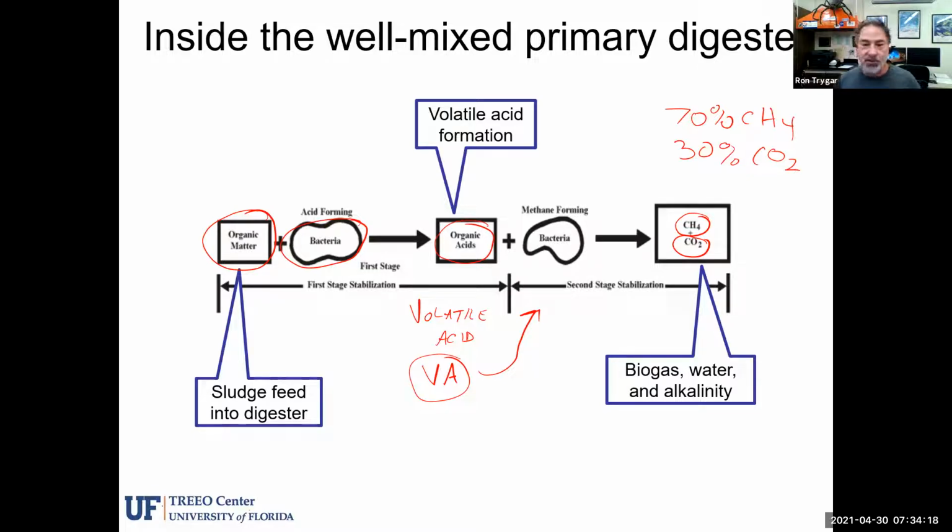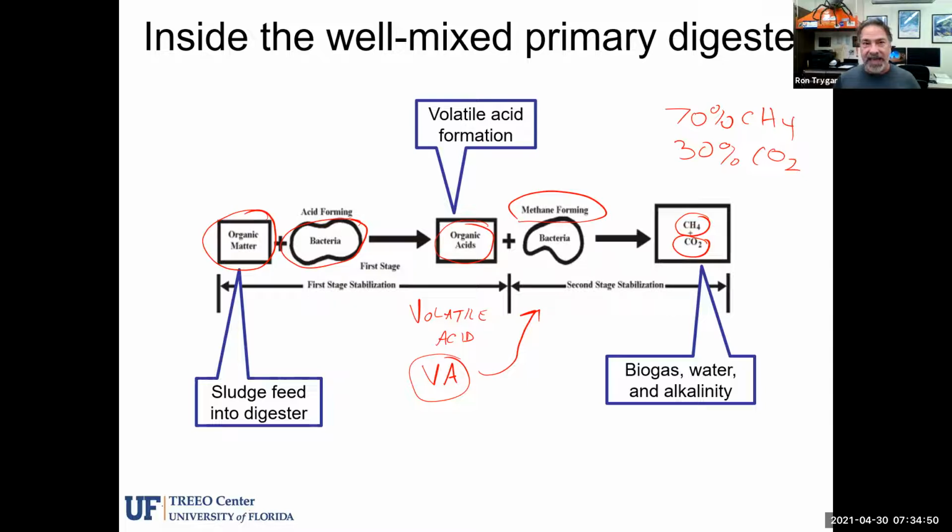And these bacteria also produce some alkalinity. So that's really important, because alkalinity that's produced by the methane formers is a buffer against the volatile acids that are coming in. So these bacteria make an alkalinity that buffers or neutralizes some of the acid. Now, the methane formers are the sensitive organisms, a little bit more sensitive than the acid forming bacteria. So we're going to be trying to pay attention to the health of those methane formers.